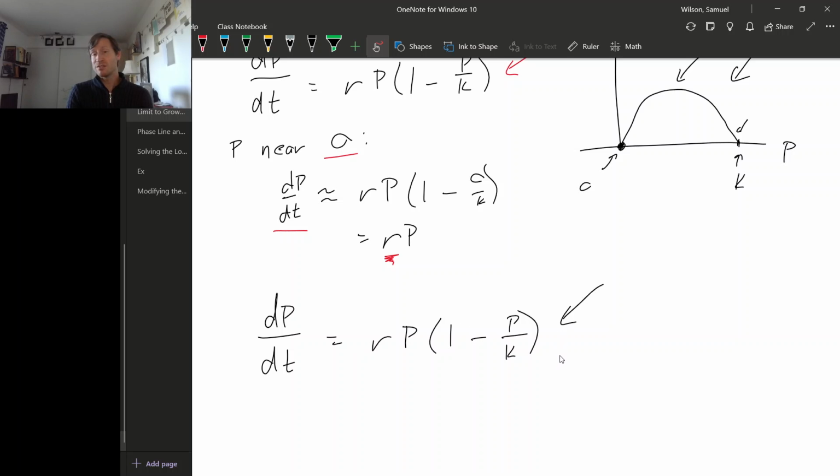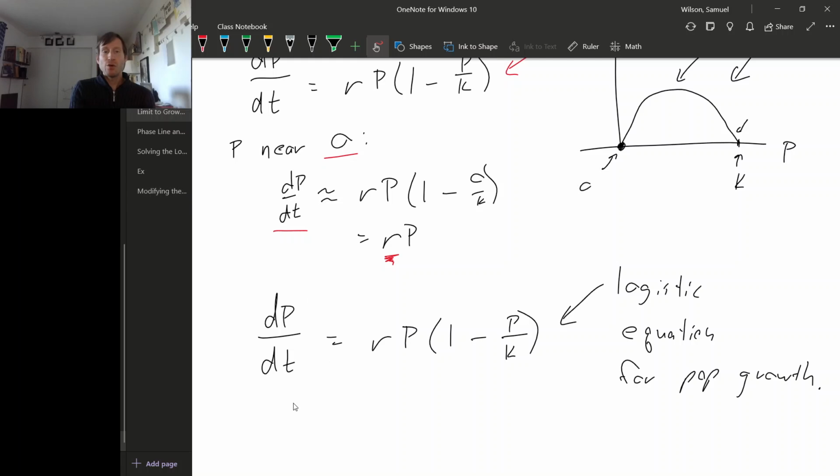So this equation is a pretty common population model, and so it gets a name. It happens to be called the logistic equation for population growth, or the logistic model.